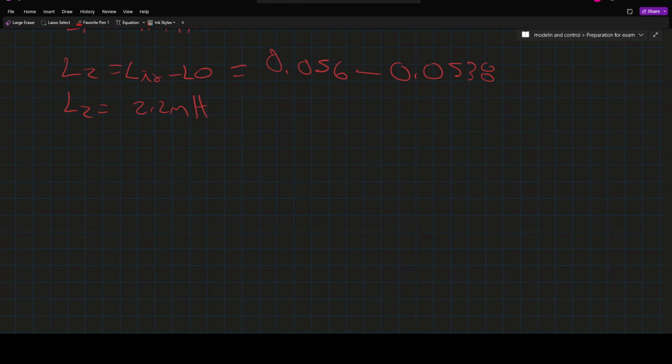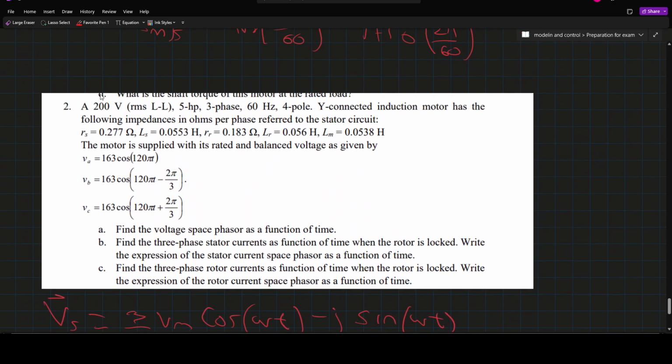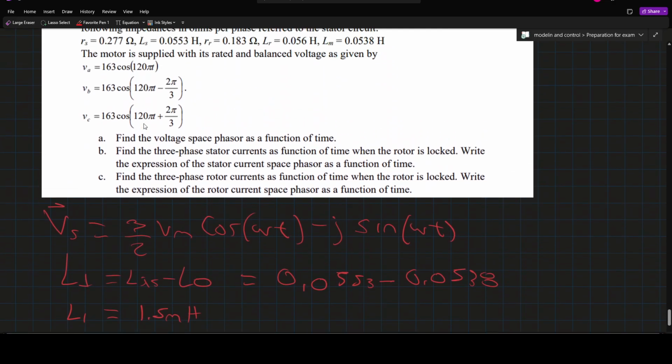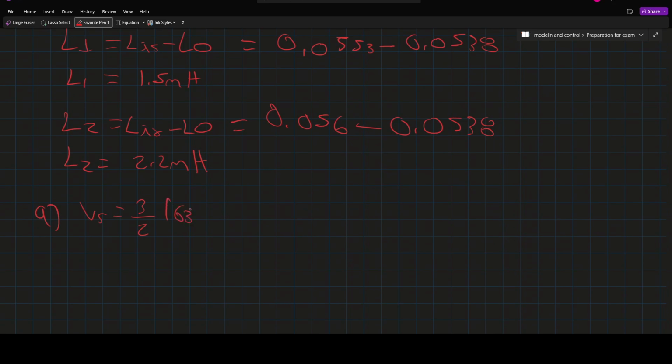So now for A, we are going to have 3 halves, our maximum, and they're telling us that in RMS. So we have 163, and this is in RMS, and we have cos omega t.